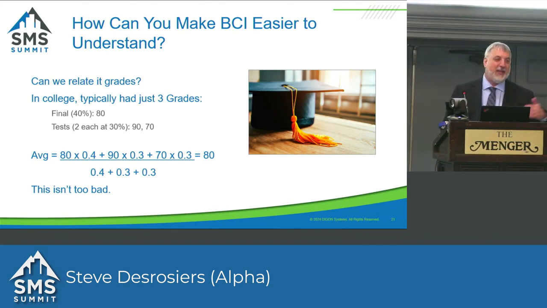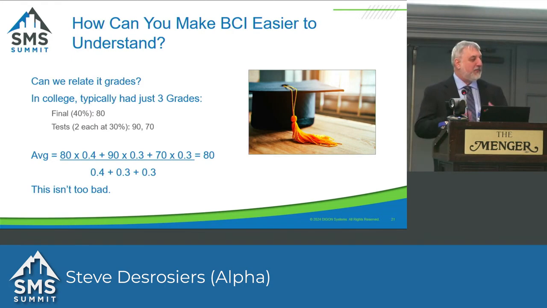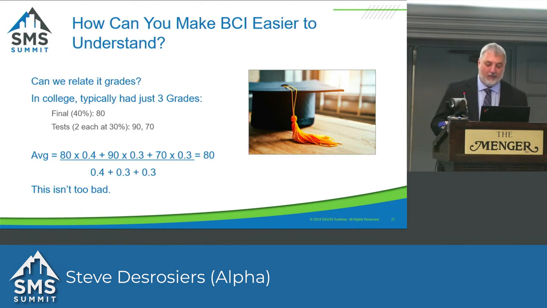So she was very ambitious. So she used this, and she used to call me up and say, Dad, I only need an 85 to get an A, right? She's really excited. What if we could make BCI something that easy? So that's what we did, and we're going to show you guys, and you guys can be the judge on how well we succeeded or not.